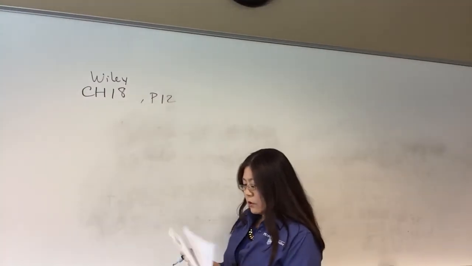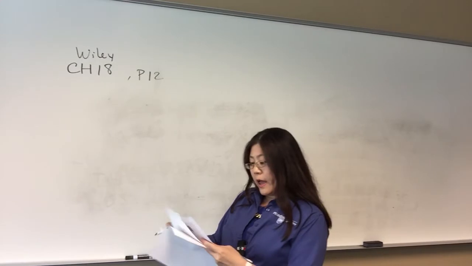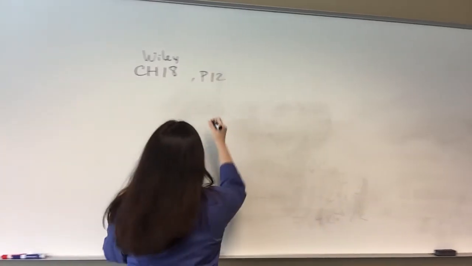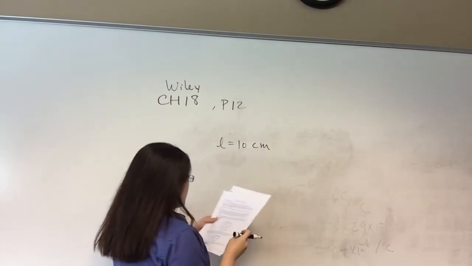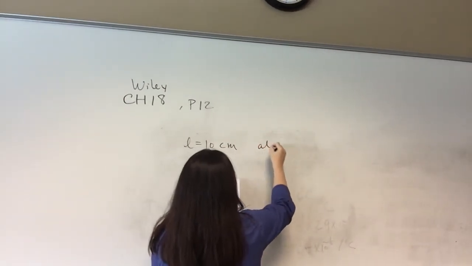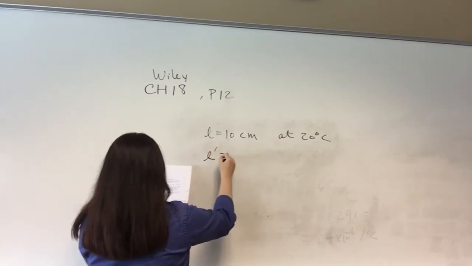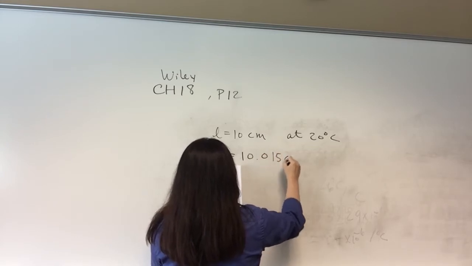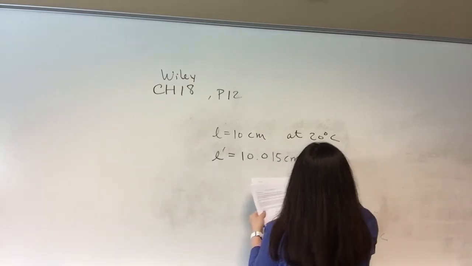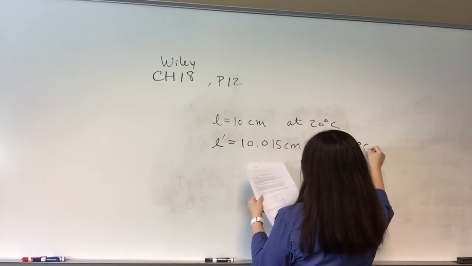Problem 12: an aluminum alloy rod has a length of 10 centimeters at 20 degrees Celsius, and the length changes to 10.015 centimeters when it is at the boiling point of water, which is 100 degrees Celsius.